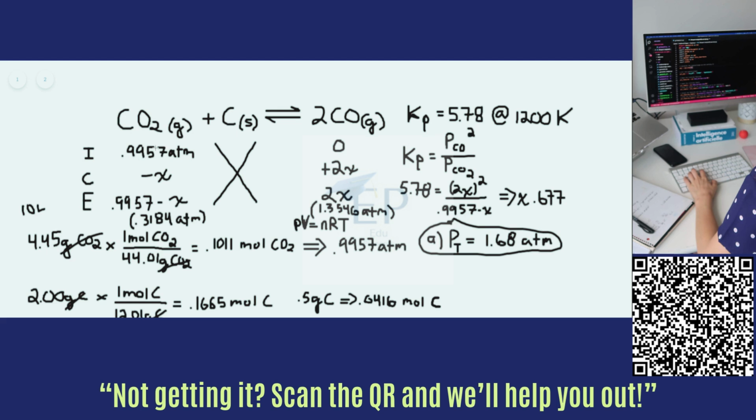Our initial pressure stays the same, but the change is no longer going to be how we did it here. The change is going to be whatever this number of moles equates to in terms of pressure of CO2. So basically, if you subtract the number of moles here from the number of moles here, you'll get some final number of moles. That's 0.059 moles of CO2.